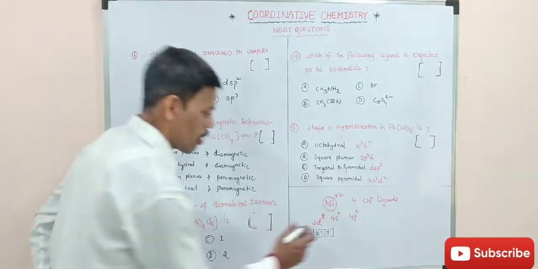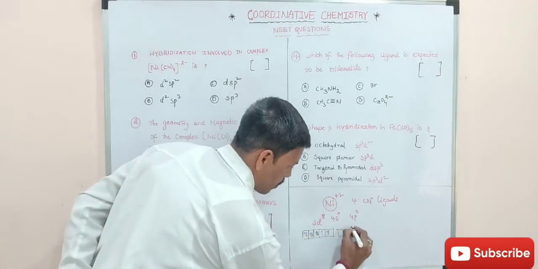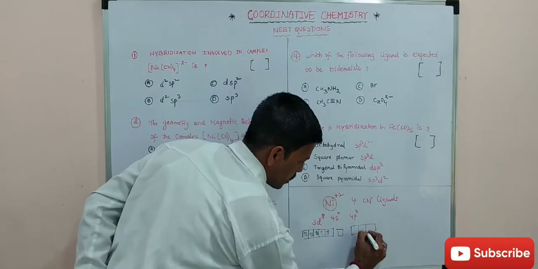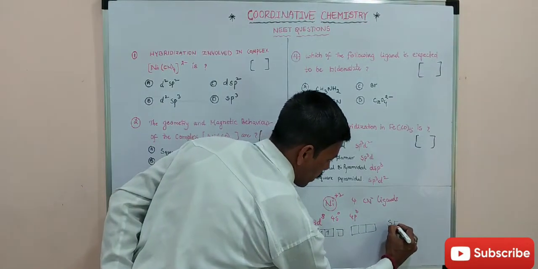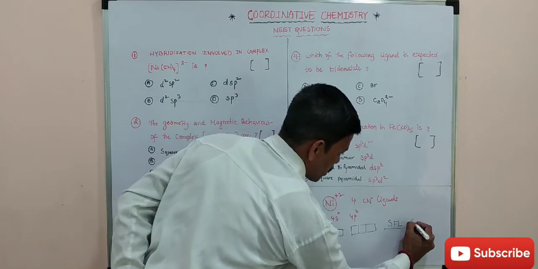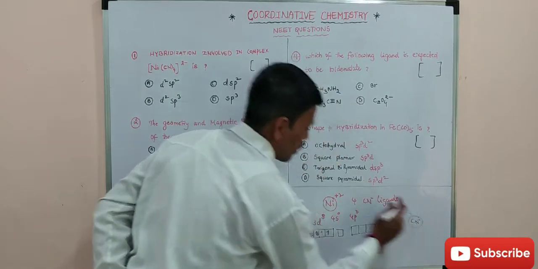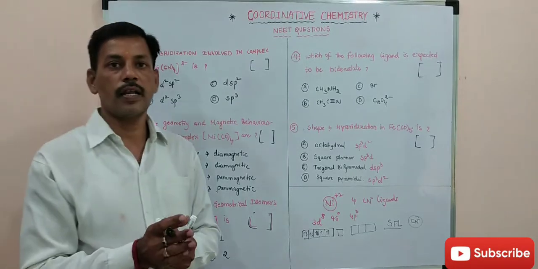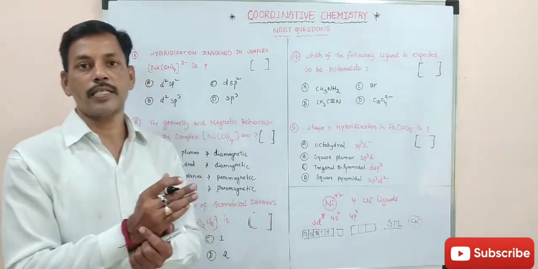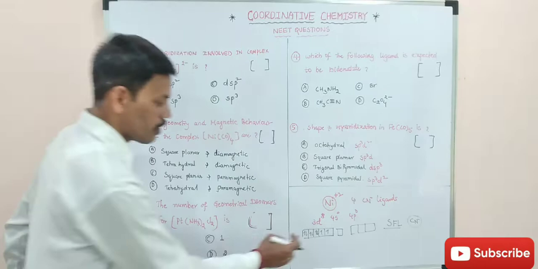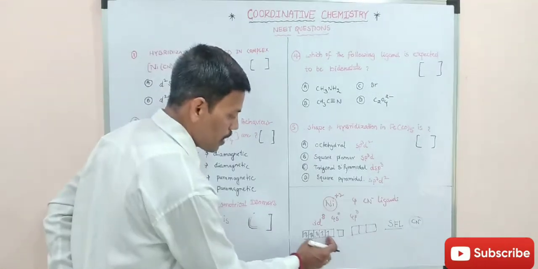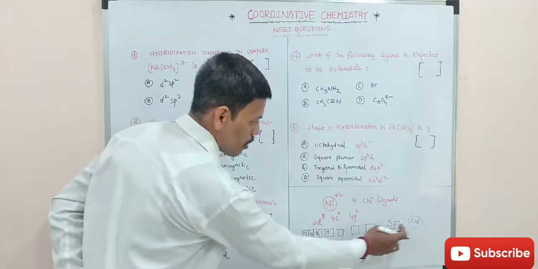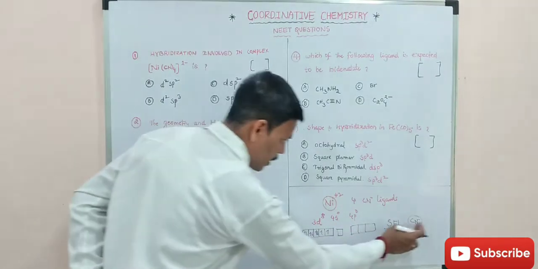Now, in the presence of a strong field ligand, and cyanide here is a strong field ligand, the pairing takes place in the 3d orbital.